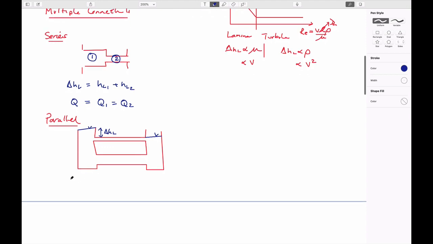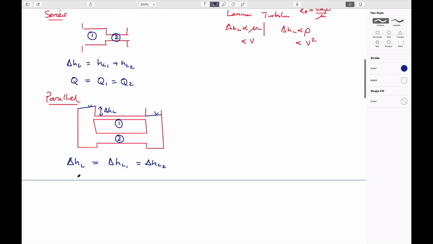And I suppose the converse is true here, that for parallel pipes, because they both discharge into the same tank from one to another, HL is the same for 1 and for 2, delta HL1 is equal to delta HL2. I guess it's really no delta involved. But in this particular case, Q total is equal to Q1 plus Q2.